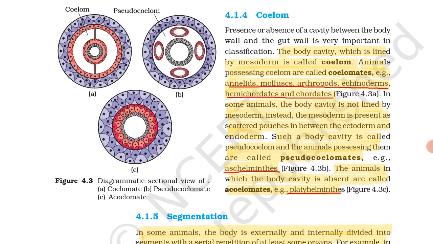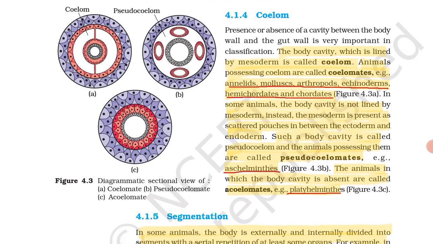In some animals, the body cavity is not lined by mesoderm. Instead, it is present as scattered pouches in between ectoderm and endoderm. Such a body cavity is called pseudocoelom, and the animals possessing it are called pseudocoelomates.